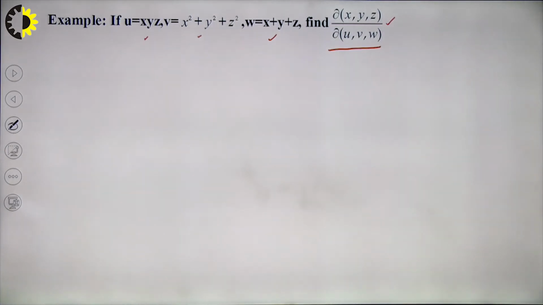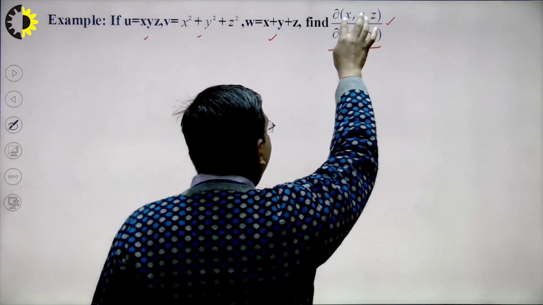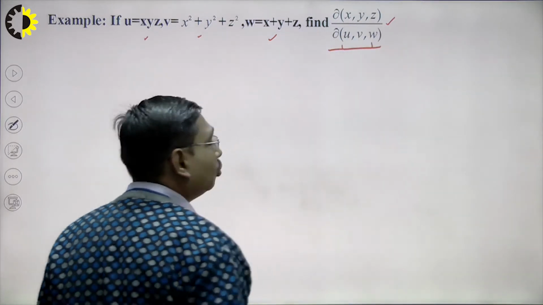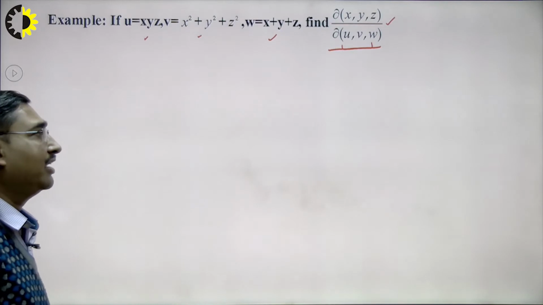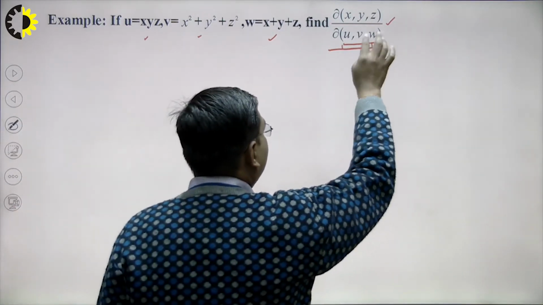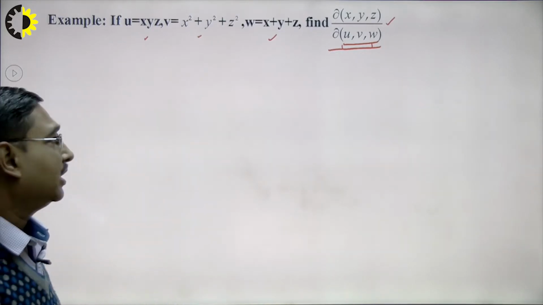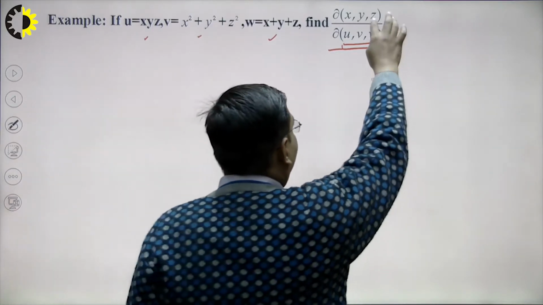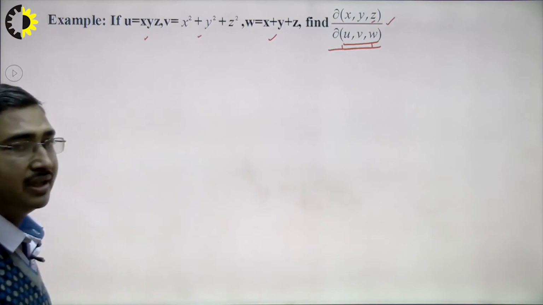To calculate this Jacobian, we have already seen that x should be expressed in terms of u, v and w if we are trying to find the value by the direct procedure. y should also be expressed in terms of u, v and w, and similarly z.